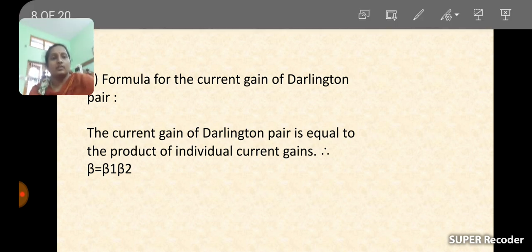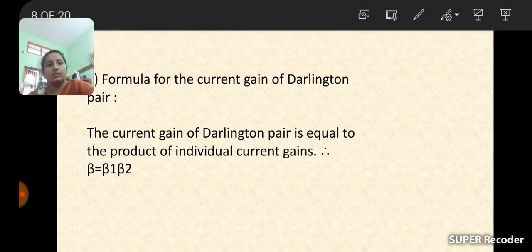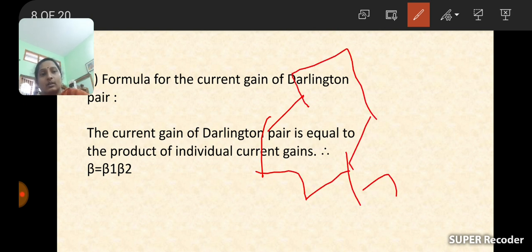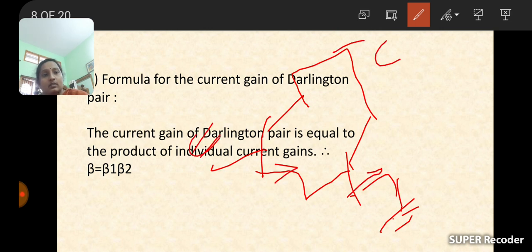For example, see here, once I would like to draw the diagram here. For example, this is our Darlington pair: base, collector, and emitter. Okay, so now this is the Darlington pair.